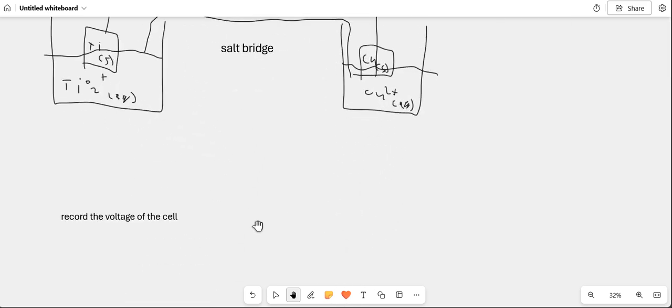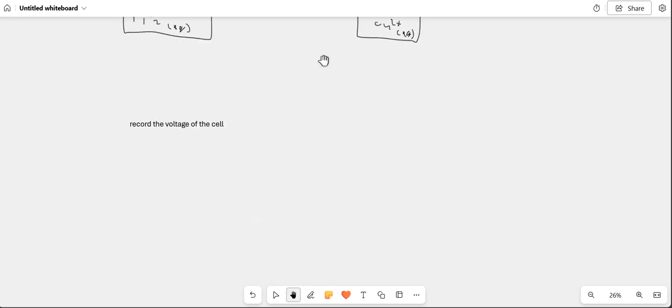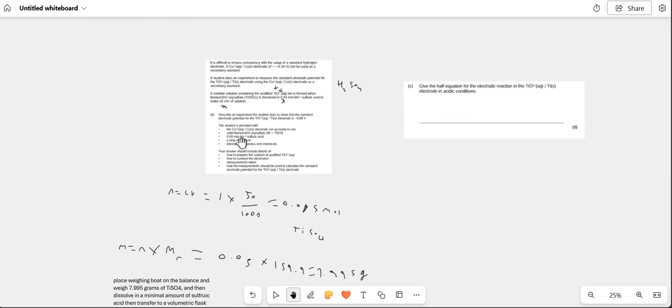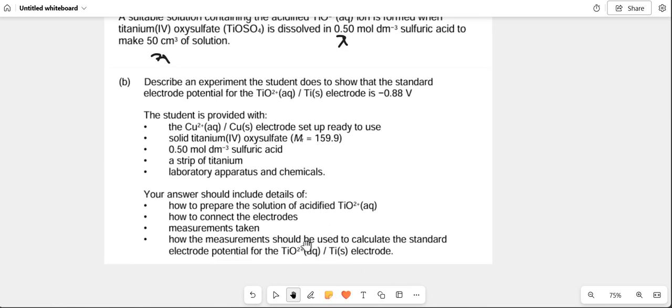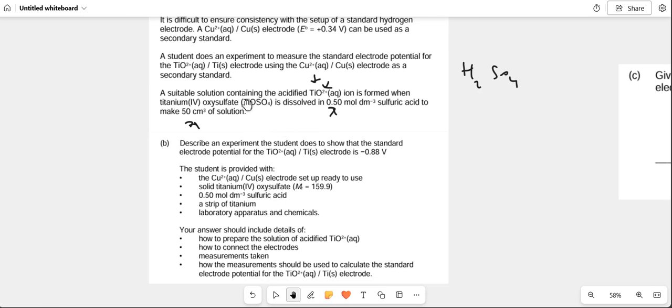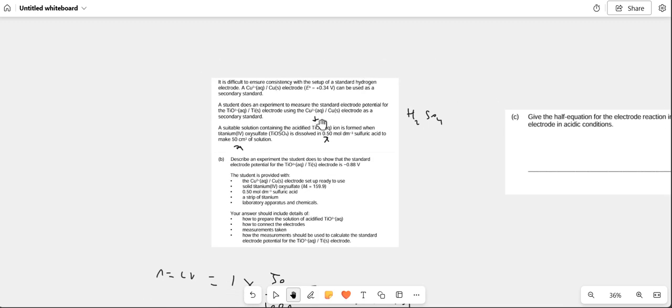So hence, record the voltage of the cell. We can also know from all of this, because it says which one is at the positive and which one is at the negative. Alright.